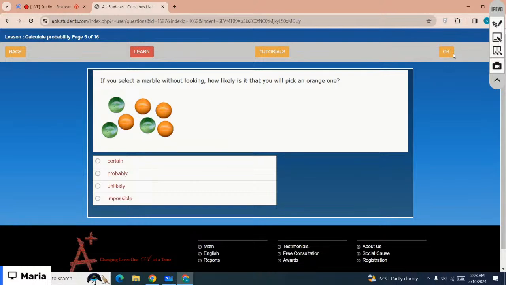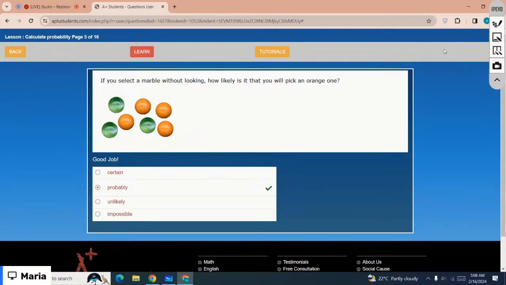The correct option is probably, because you have four orange and three green, so you will probably pick the orange one. Got it?